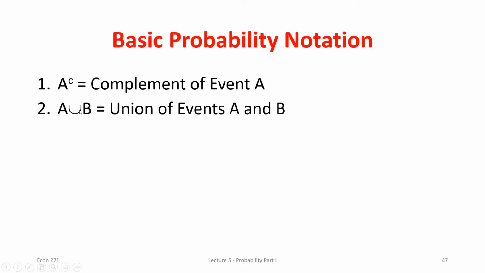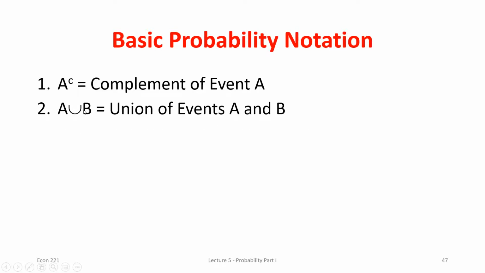Okay? A union B, we're going to write with this set symbol, but it looks like a U, right? So A union B, another way we can think of that is A or B, right? So is the outcome in either event A or is it in event B, right? If it's in either one, then it's in the union of those two things. Okay?